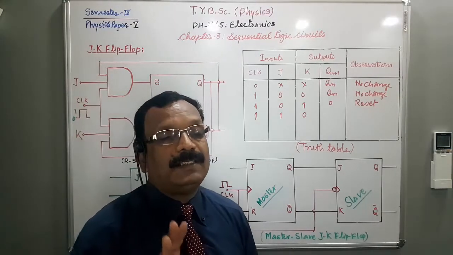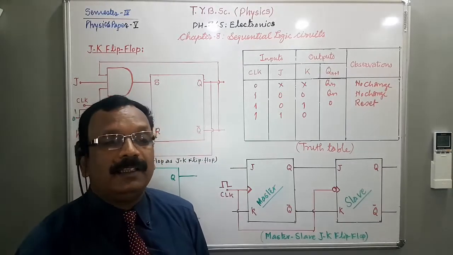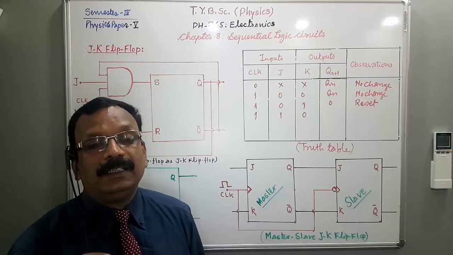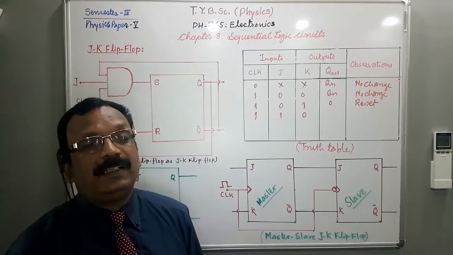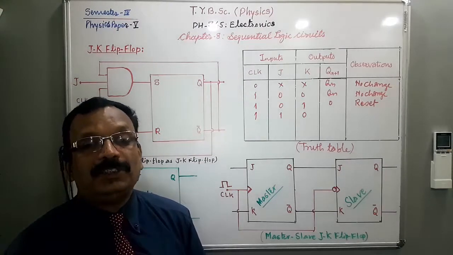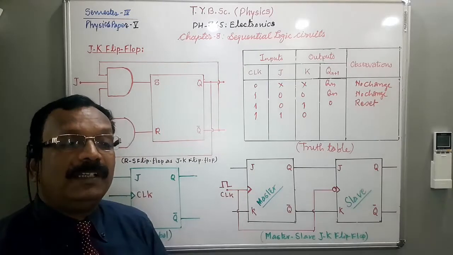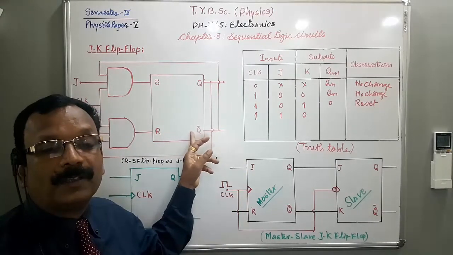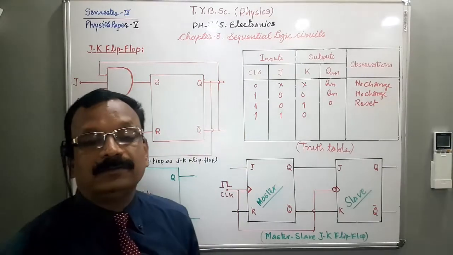In this way, when J is equal to 1 and K is equal to 0 and clock pulse is high, the lower gate is disabled. It is impossible to reset the flip-flop and only possible to set the flip-flop. The only possibility is to set the flip-flop when Q bar is equal to 1 and a positive clock pulse arrives here.